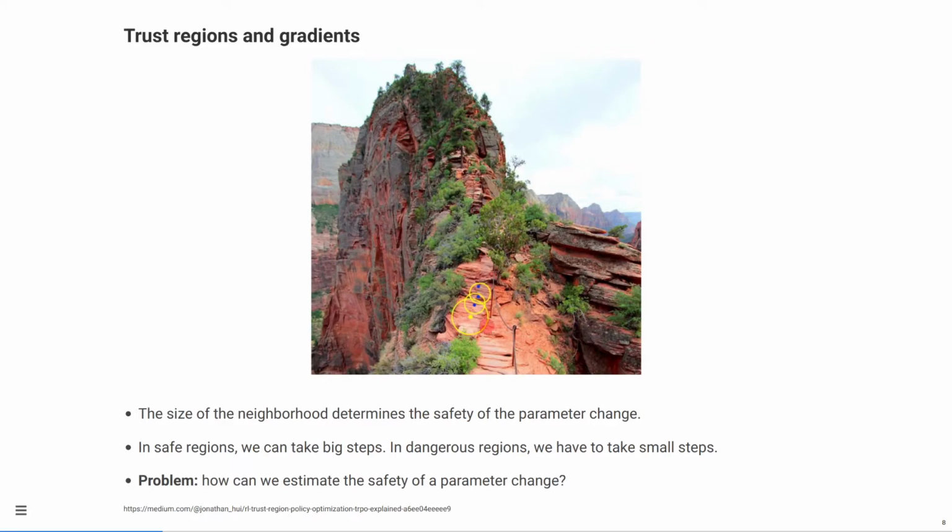And the tricky thing to do is that this region where we estimate that the policy is safe, the trust region, will change depending on the curvature of your loss function. If you're in a flat region, there's no risk making big steps. But if you're in a very steep region where the loss function changes a lot, then you will make much smaller steps.